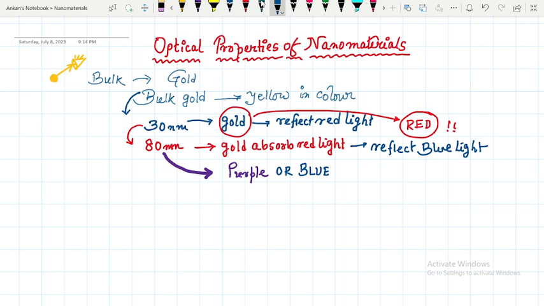So when you notice 100 nanometer or something greater than these gold nanoparticles, then it gets big as compared to the 30 nanometer.